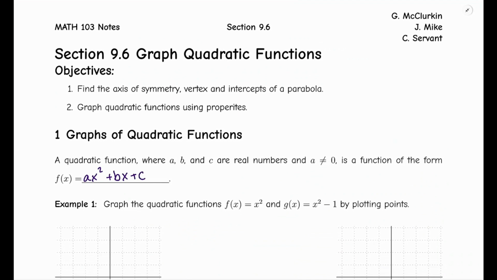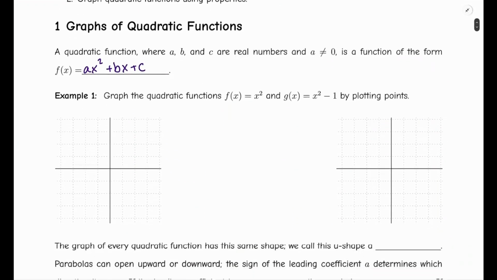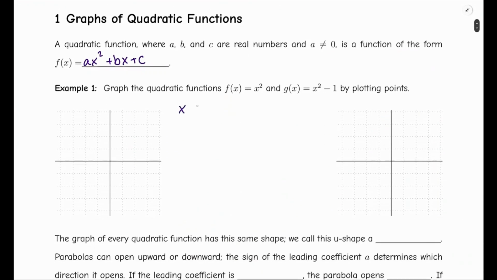Example 1, graph the quadratic functions f of x equals x squared and g of x equals x squared minus 1 just by plotting points. So we have x, and then f of x. Whenever you're told to graph something new just by plotting points, you should always pick two negative numbers, 0, and two positive numbers.